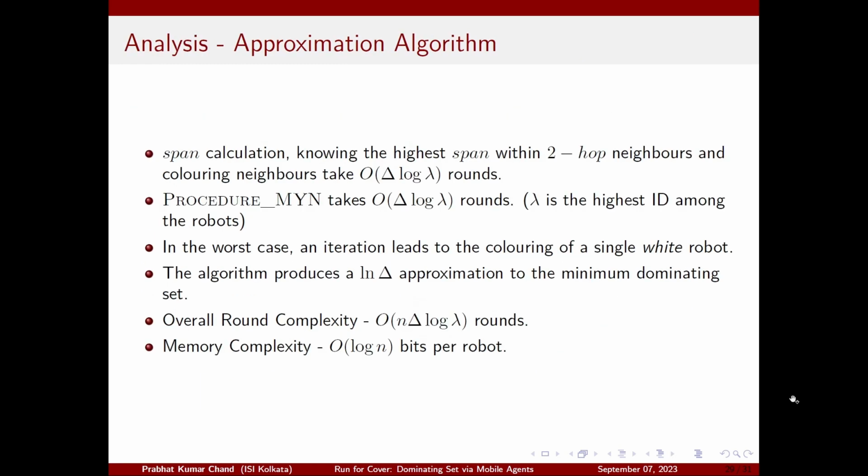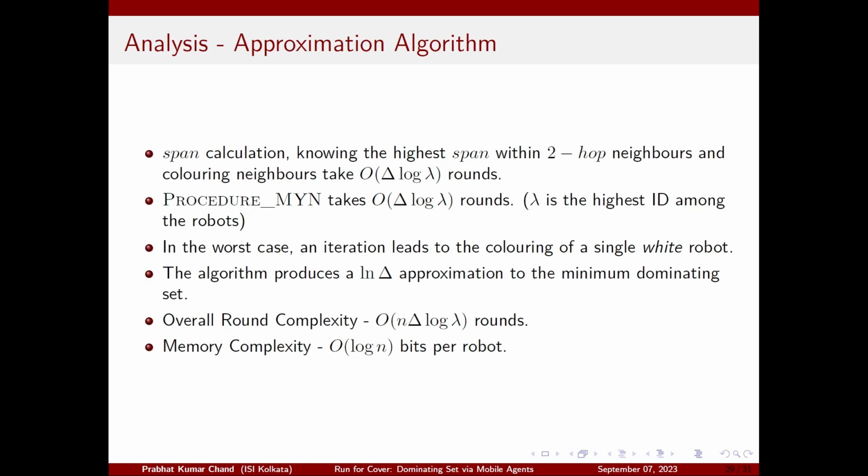Now for the analysis of our approximation algorithm. Span calculation, knowing the highest span among the immediate and two hop neighbors, and coloring of the robots use procedure MIN for communicating between the robots, which takes order of delta log lambda rounds. In the worst case, each iteration can lead to the coloring of a single white robot.